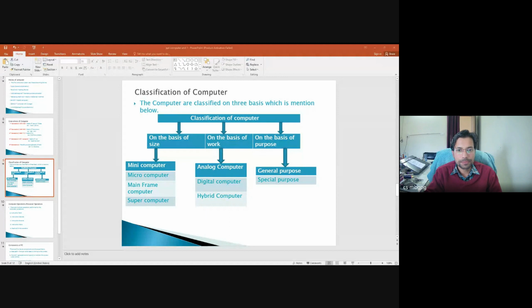As the name suggests, it depends on which type of data will be handled in these computer systems. On the basis of this, the systems are categorized as analog computers, digital computers, and hybrid computers.